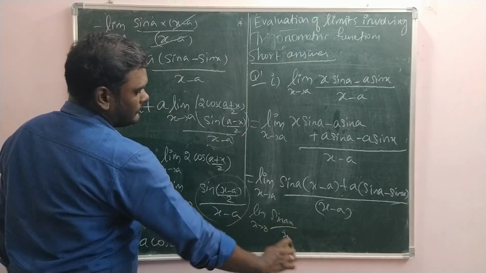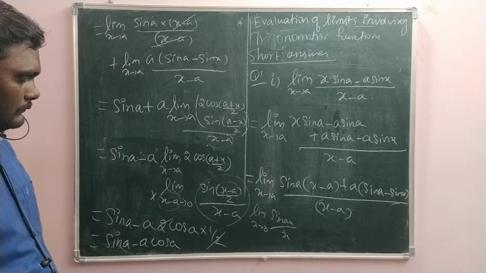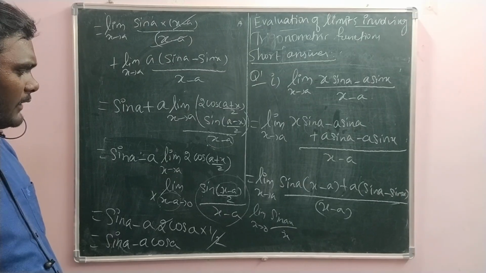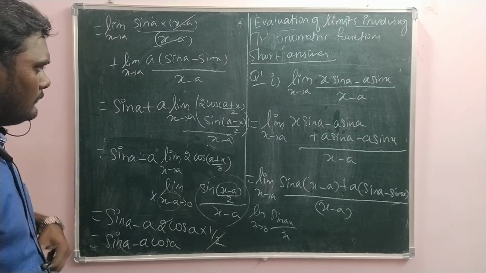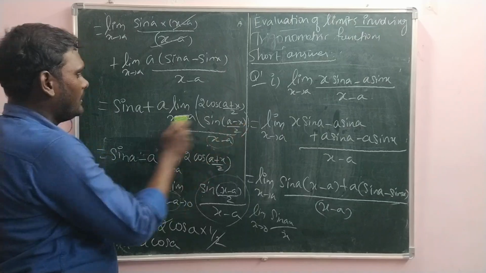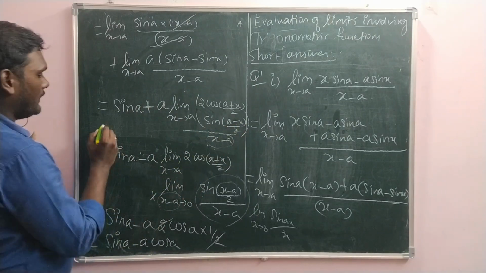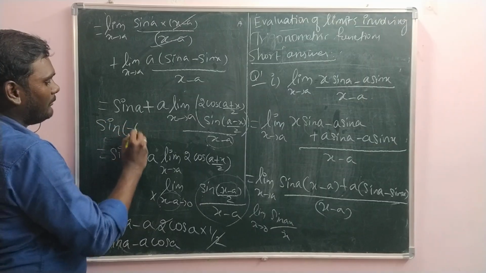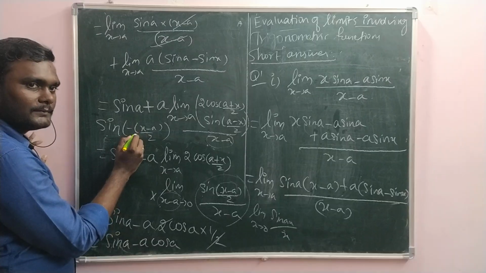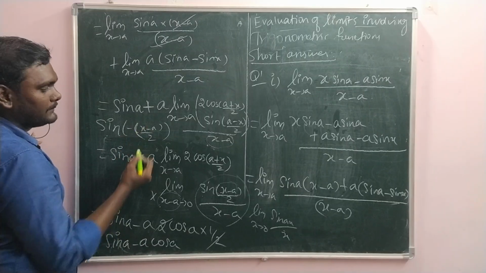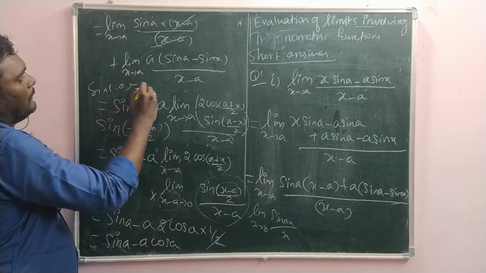Yes sir. See sir, this is a minus x. I kept plus a minus x. If I took minus as common, sin of minus of x minus a by 2 I will write. What is sin of minus theta? Minus sin theta.